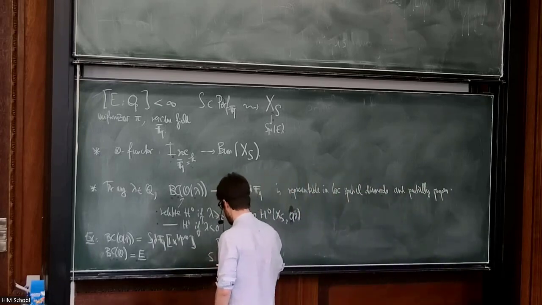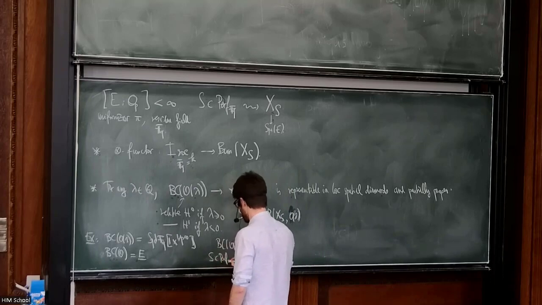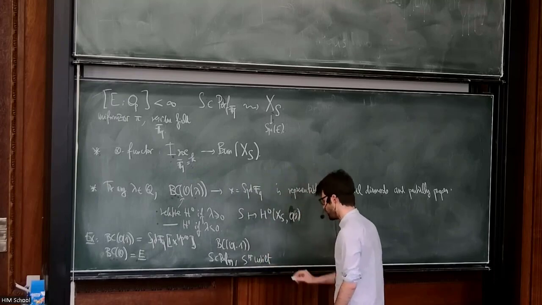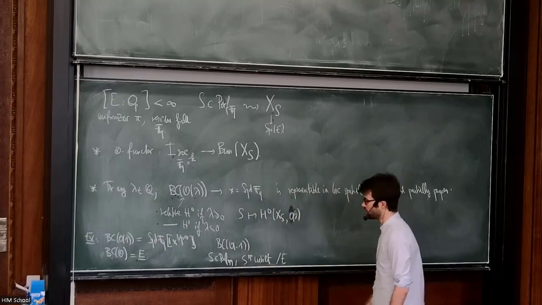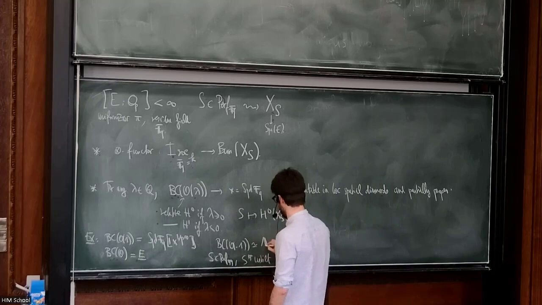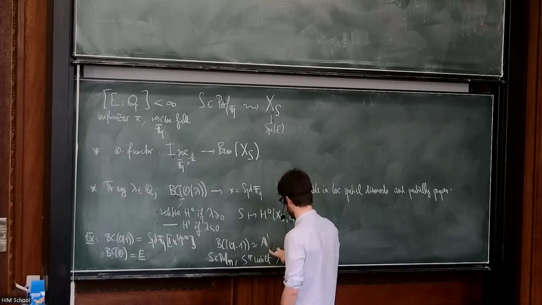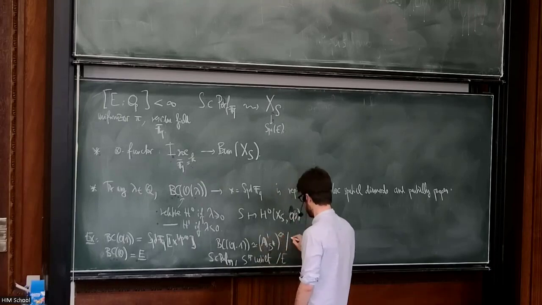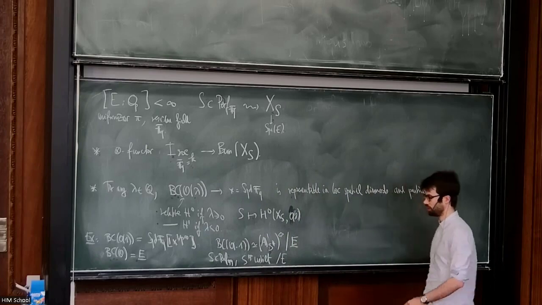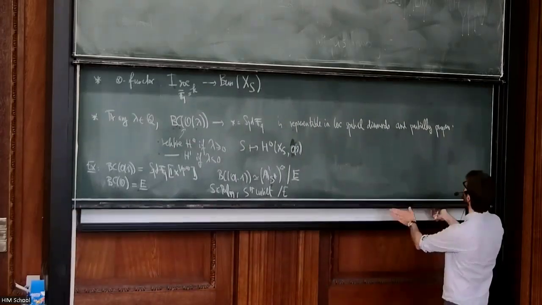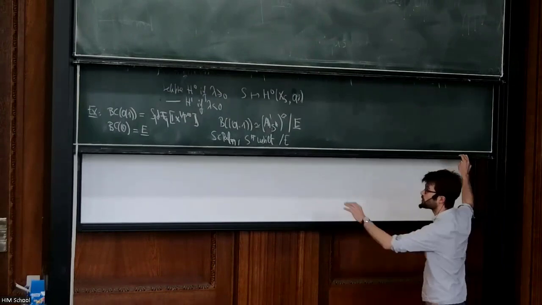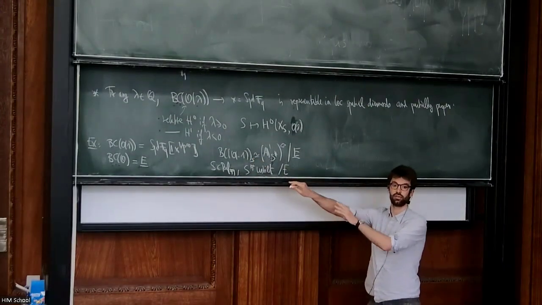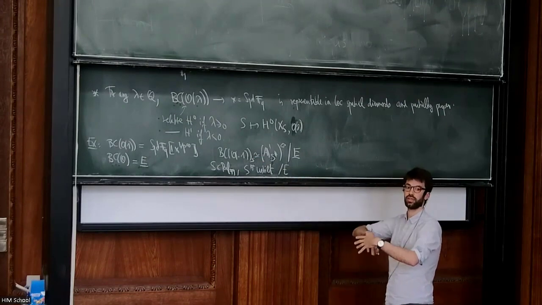So if we fix S in Perf_{F_q} together with an untilt S sharp living over E, then we can explicitly describe this one as the diamond of the affine line over S sharp divided by the action of E underline. Sorry, and once again, I forgot to base change it to S. So it's as a functor on the category of perfectoid spaces living over S.